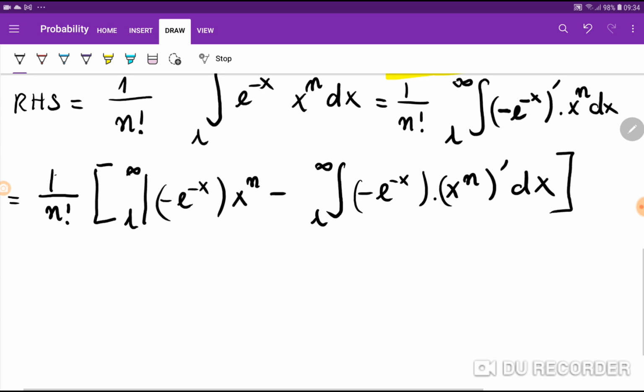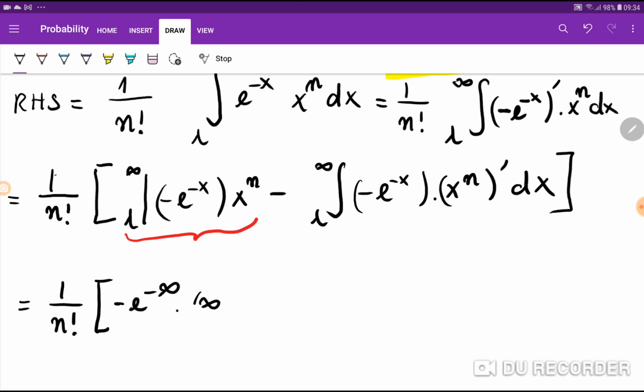All right, let's try to simplify this. What is this term equal to? I'm gonna rewrite it: e to the negative infinity times negative infinity to the power of n, minus e to the negative lambda times lambda to the n.